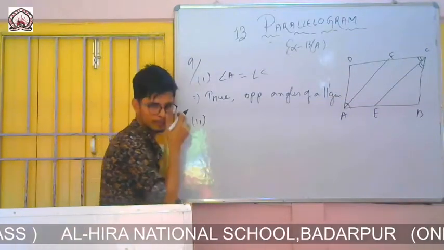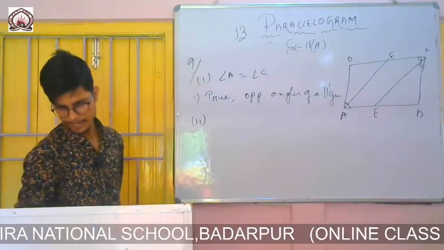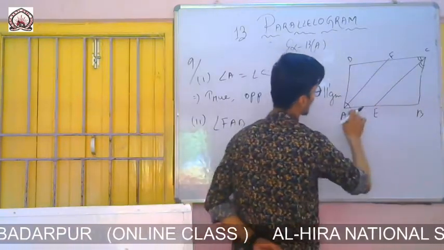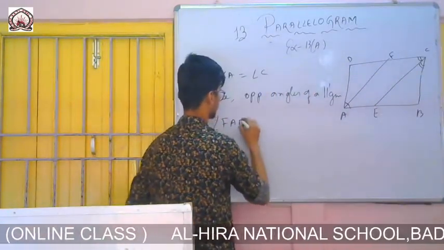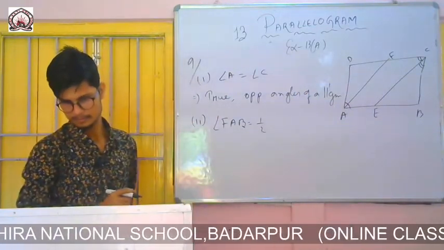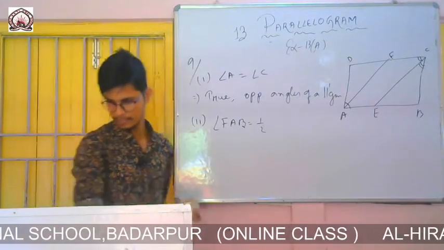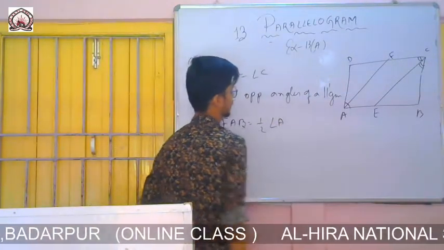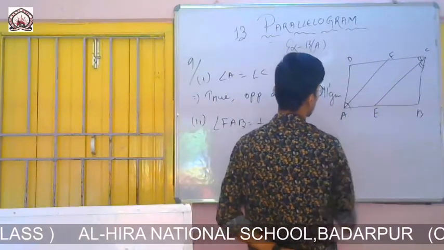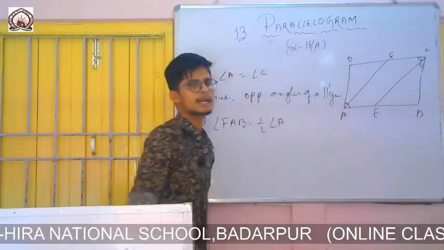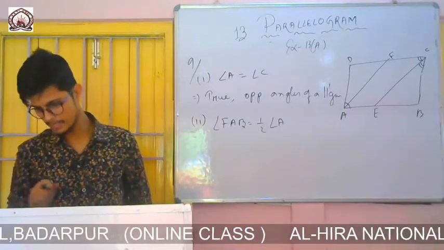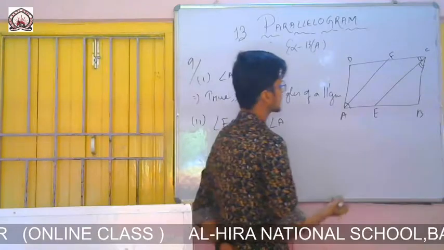Then Roman number 2, it is given angle FAB equals half of angle A. Angle FAB, this angle, is equal to half of angle A. Yes, it is correct, because in the question it is written that AF bisects angle A. Bisect means it equally divides.